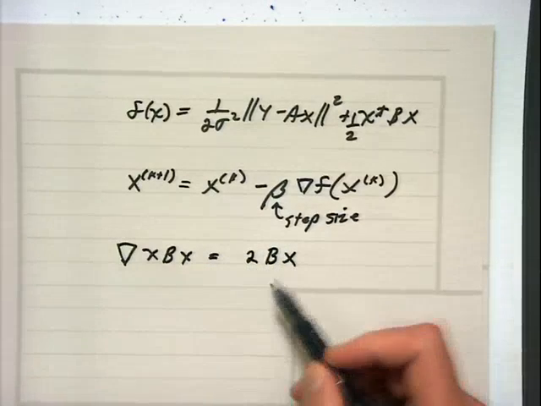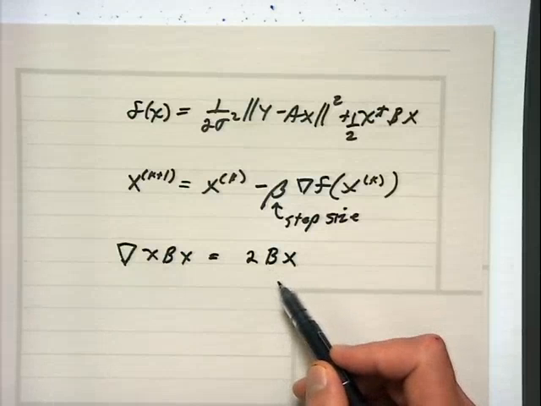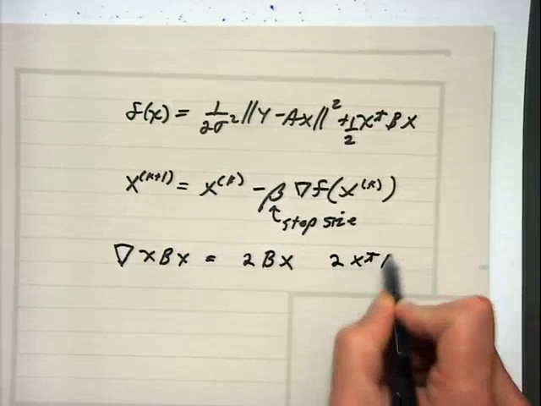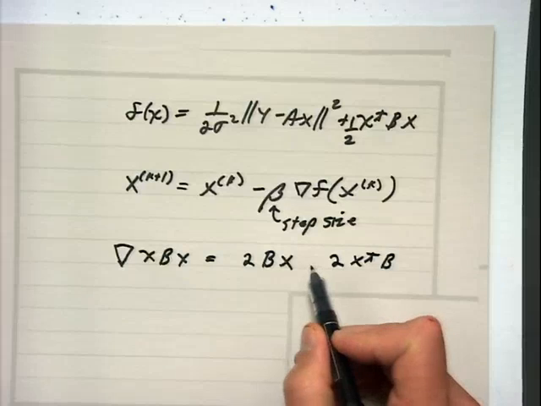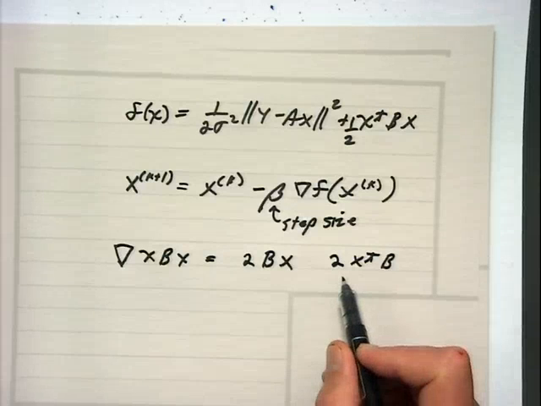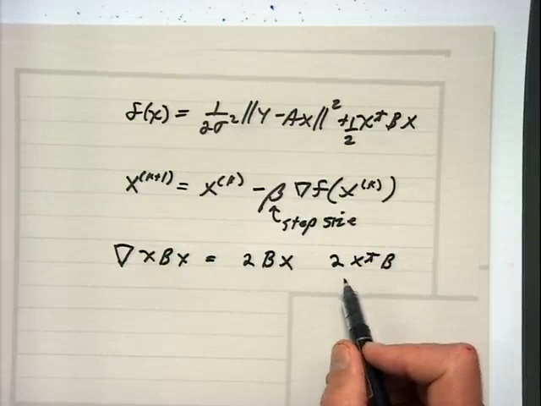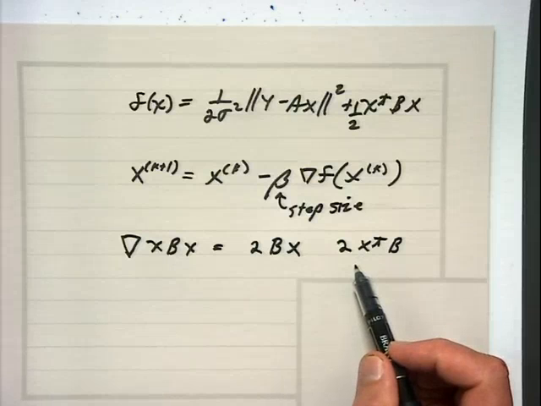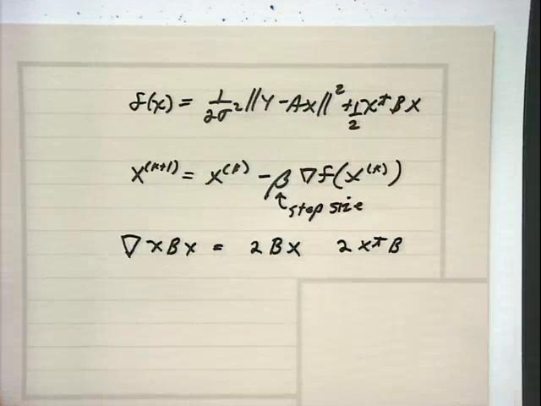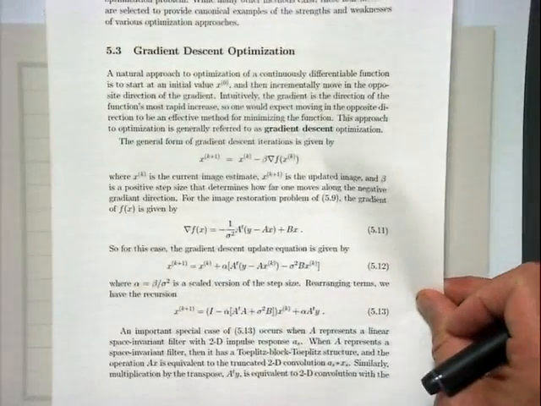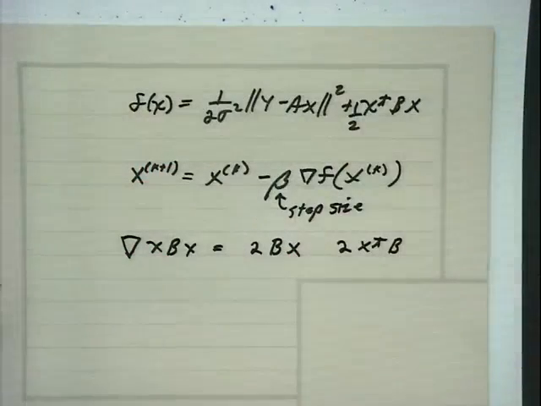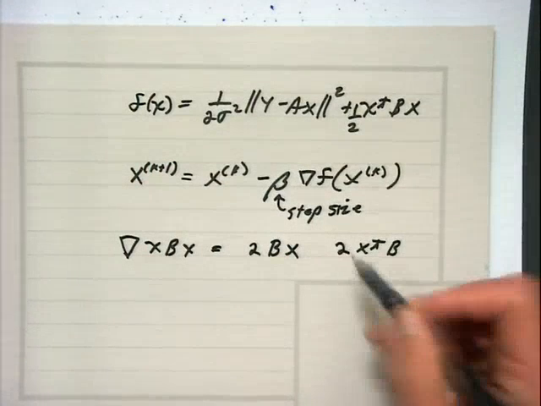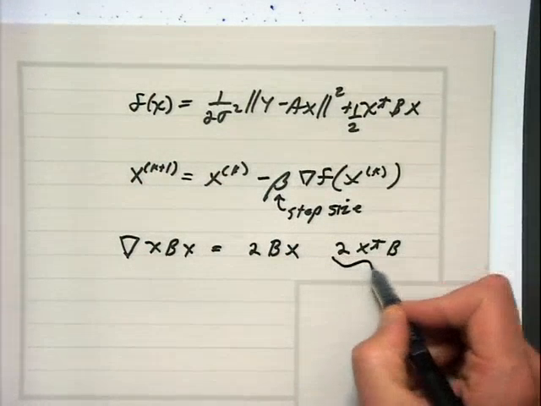Now, depending on your point of view, some people write it as 2 times Dx, and some people write it as 2 times x transpose D. It depends on whether you feel the gradient is a column or row vector. I'm somewhat of a believer in making the gradient a row vector because it's using an operator. But for these notes, I finally pinned it down and decided to make it a column vector. It's probably better to make it a row vector, but I made it a column vector.